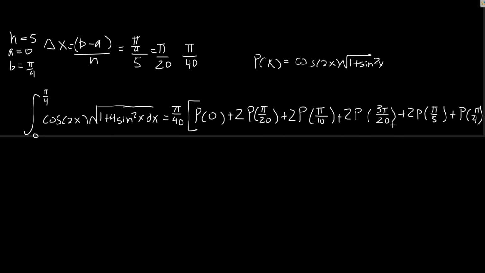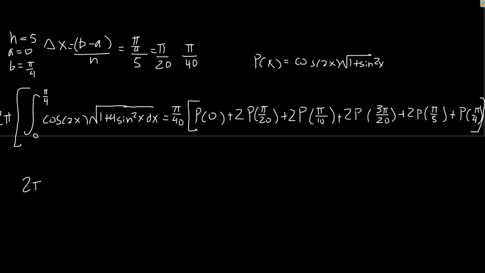At this point, it's also important to remember that because this is a surface of revolution problem, we are approximating the area, but we still need to multiply this by 2 pi. That's really important. Otherwise, your value would not be correct. So keeping that in mind, why don't we reduce this a little bit, because this is getting a bit messy.